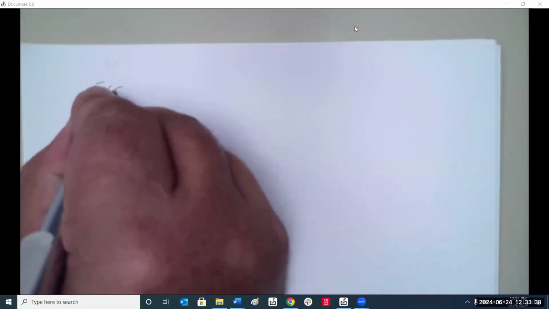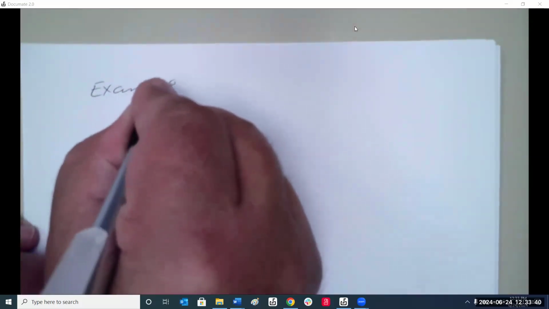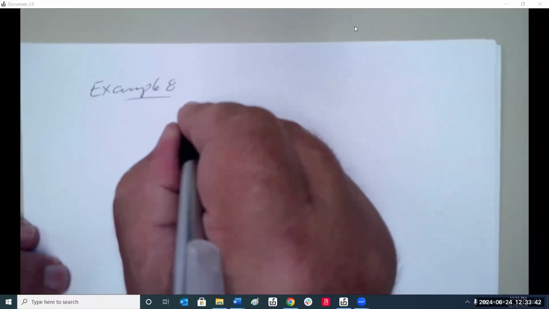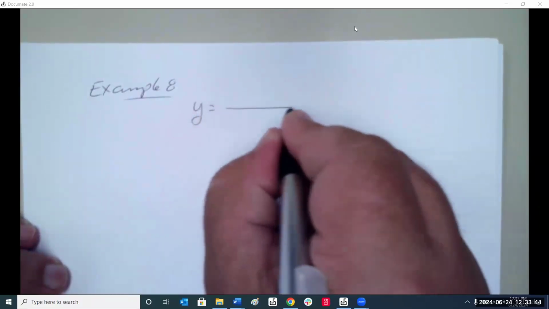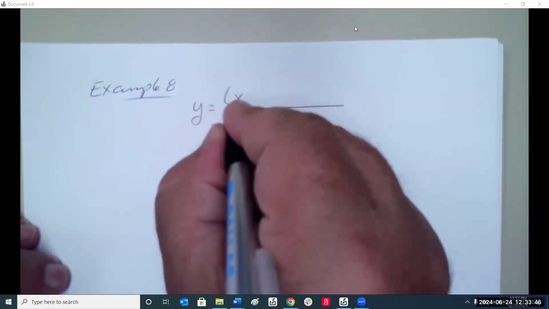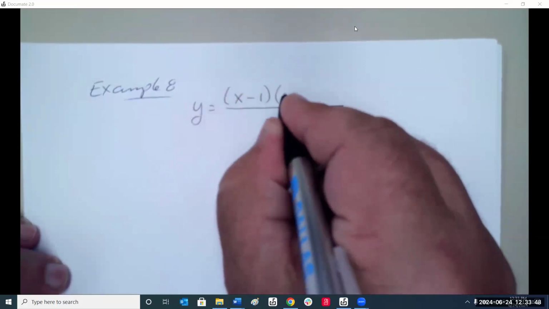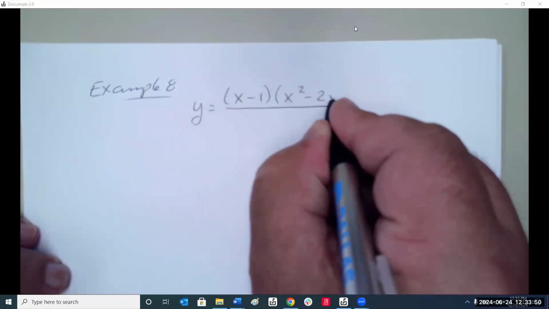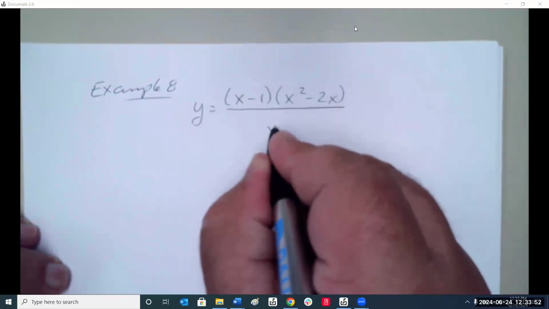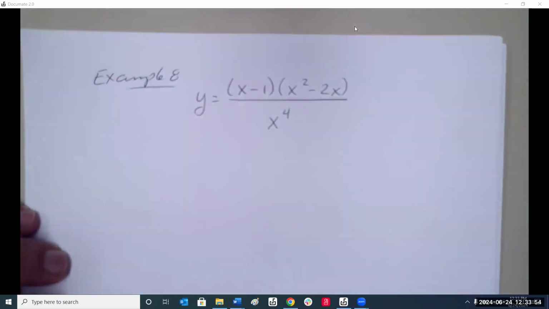Okay, let's combine a lot of these rules. Y is equal to (x minus 1)(x squared minus 2x) over x to the fourth.